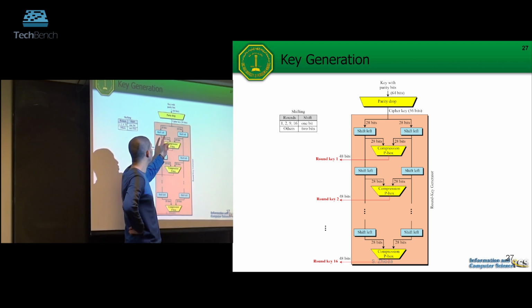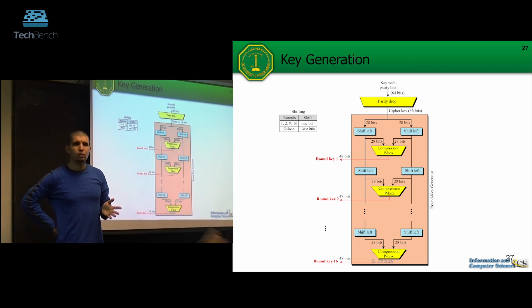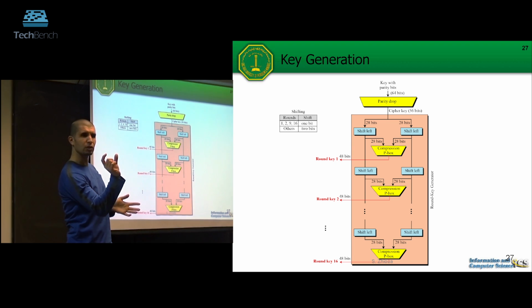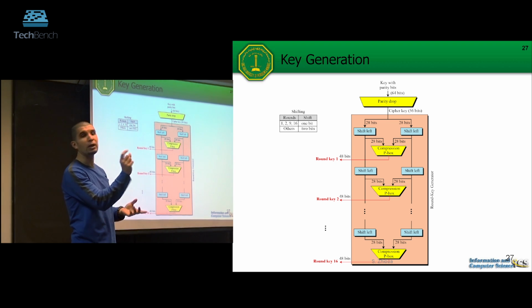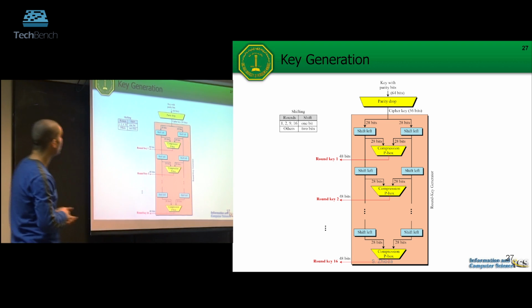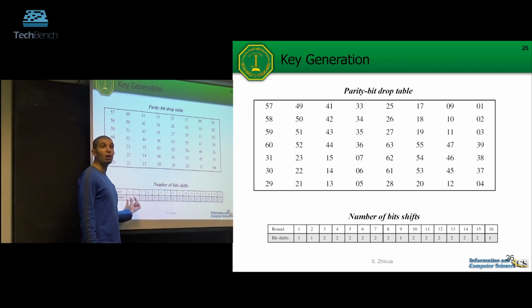Now if we go back here, to generate the key of every round, we do a left shift. What is a shift? To move the bits either to the right or the left. So here it is the left shift. But when you shift, you need to know how much you shift. What is the degree of shifting? The degree of shifting is specified here, and it is known. The number of bits shifted depends on the round.